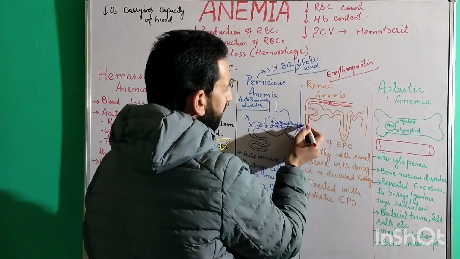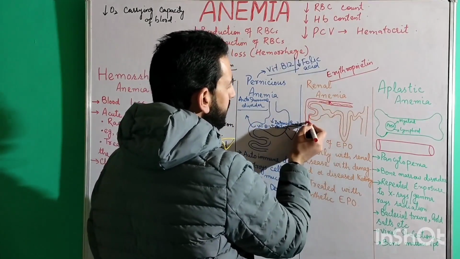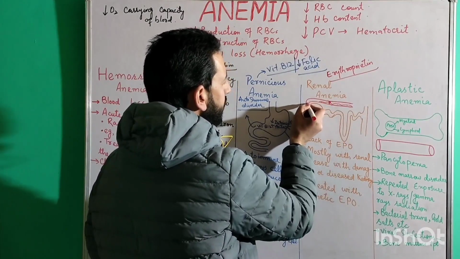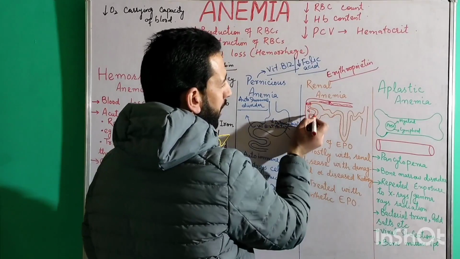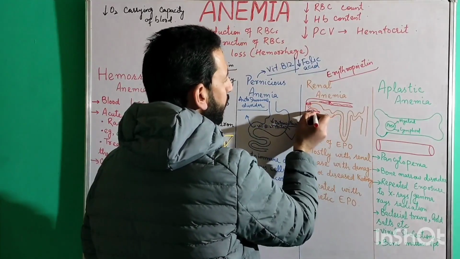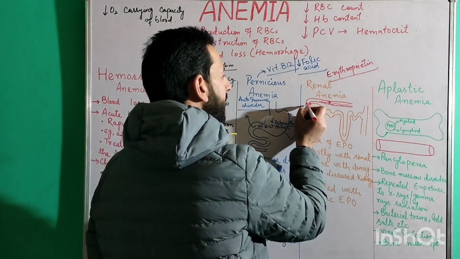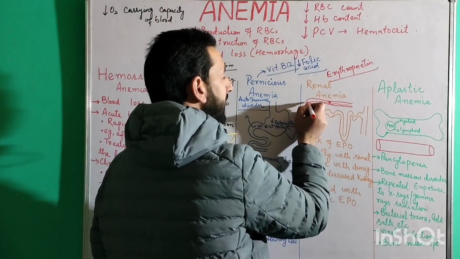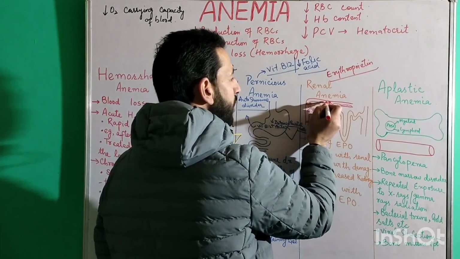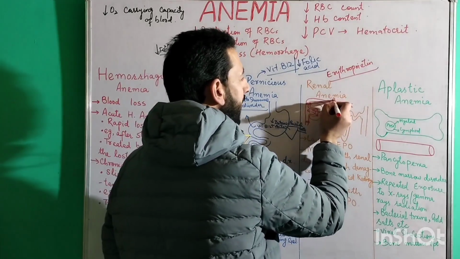In the kidneys, for example, this is the afferent arteriole, this is the efferent arteriole, and here are the glomerular capillaries. In the glomerular capillaries filtration takes place, and then when this blood leaves the glomerulus through the efferent arteriole, it goes to the peritubular capillaries.